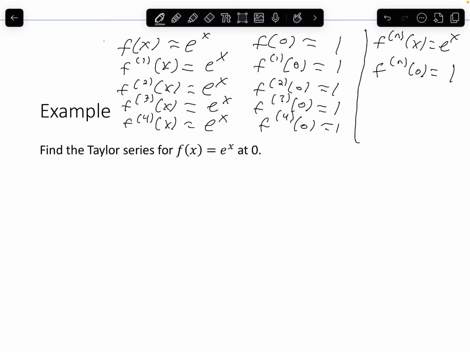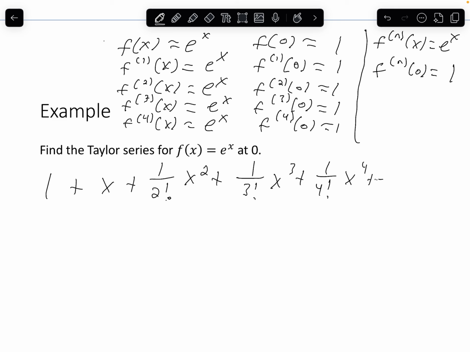So to write out this Taylor series in its complete format, it is 1 plus x plus 1 over 2 factorial times x squared plus 1 over 3 factorial times x cubed plus 1 over 4 factorial times x to the fourth.